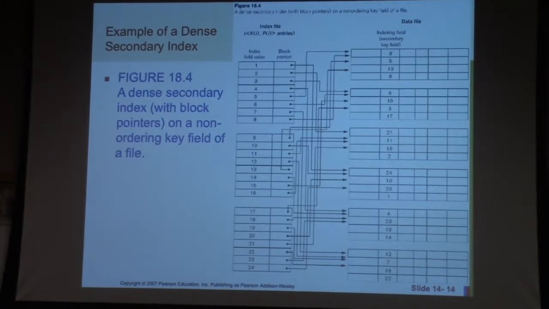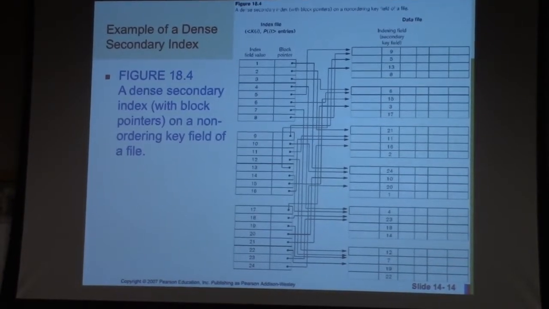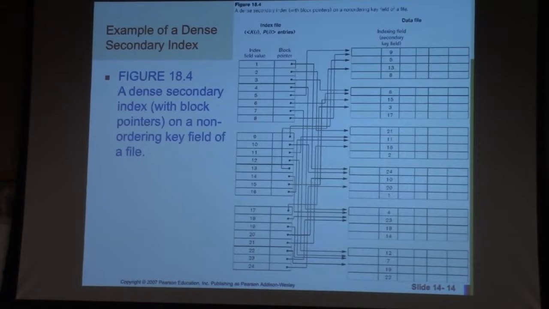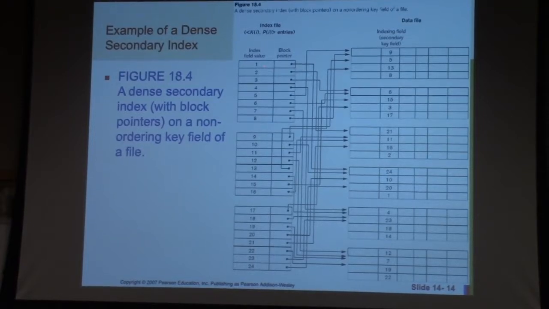The secondary index is the most popular among single-level indexes. It's the general case. Question: is it a dense index or a non-dense index? It's a dense index. For example, when you search for number 4, first find the block that includes 4.